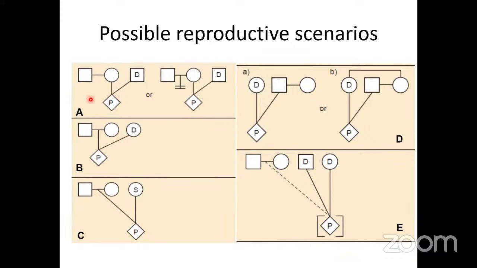So the pedigree A, here we are talking about the donor. Suppose in this family, there is an ongoing pregnancy in the wife, where the wife is naturally giving the ovum, where the sperm is donated by a different person. So a sperm donor, and this is the pregnancy.